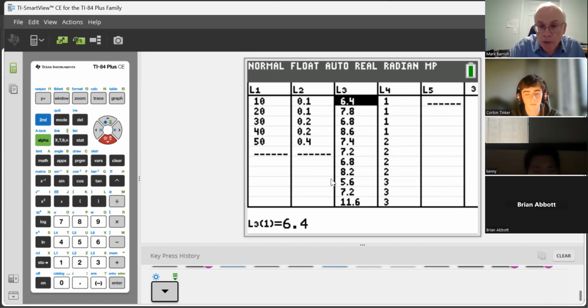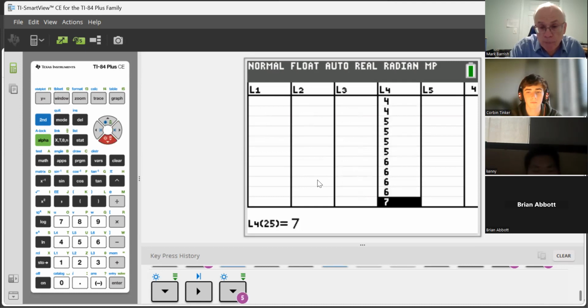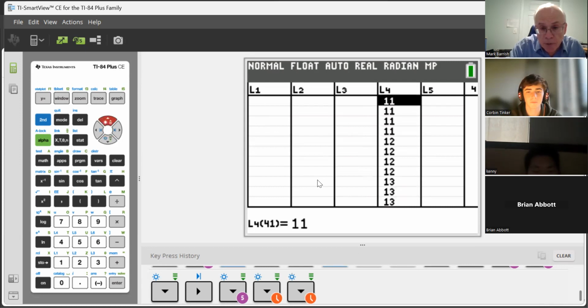Now in L4, what I did was I entered the individual values for each of the 52 cards. And remember, an ace was 1, and of course the numbered cards go all the way up to 10. So those points are exactly the face value. And then I said a jack was 11, queen 12, and king 13. So I entered all 52 of them. I'll just scroll down and show you what I did. So just entered 4 each for the 4 suits.